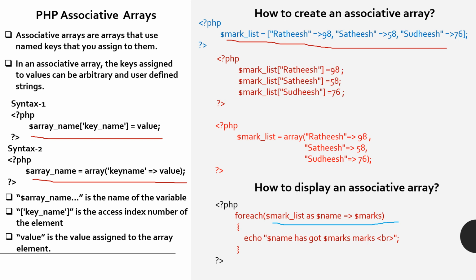This is key, this is value. So we will get output as first name, Jadish has got how many? 98 marks. Like that one message, output we will get. This is about associative array.